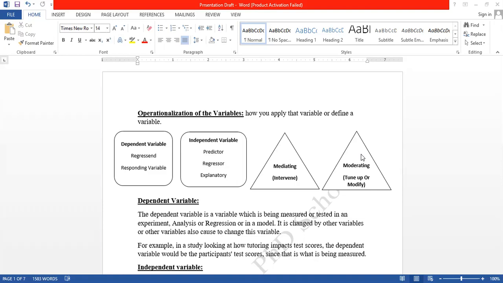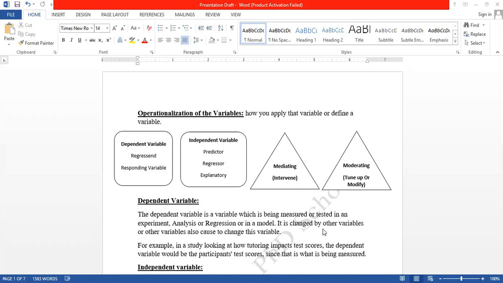First of all, we shall discuss the dependent variable. The dependent variable is a variable which is being measured or tested. For example, in a regression model, we always put it in the equation. When we write an equation, we write it on the left hand side with the equal sign, and all the independent variables on the right side with the error term.